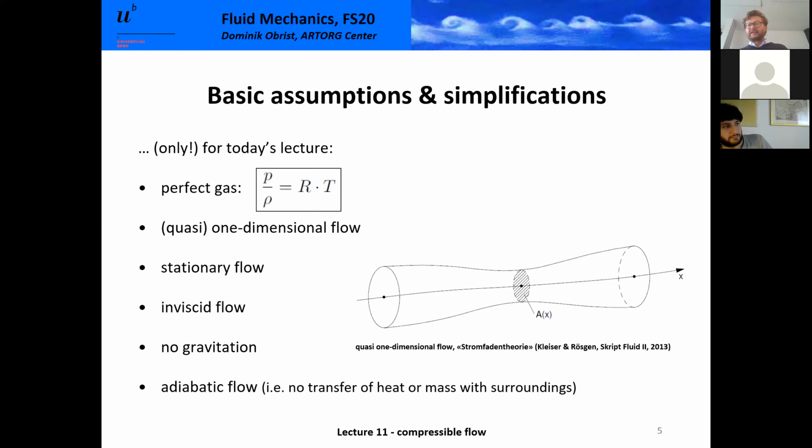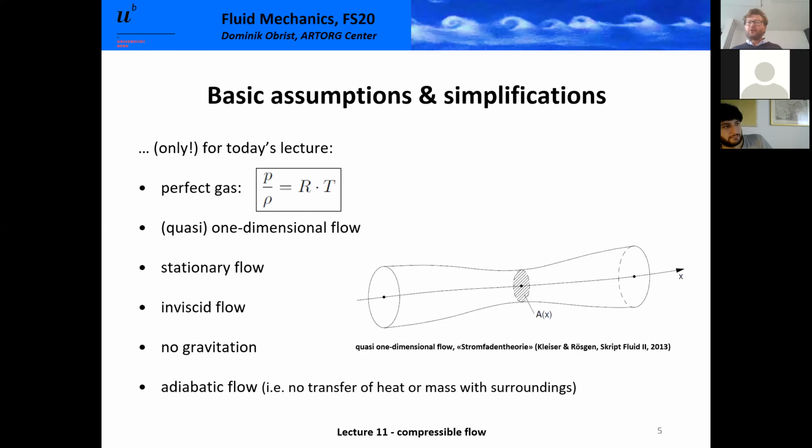And we're going to neglect viscosity. You know from the past lectures that viscosity is quite an important phenomenon. Today we're going to neglect it because, well, things will be complicated enough without viscosity already. Same goes for gravitation. We're not going to need it. And the final thing is we're going to consider adiabatic flow.